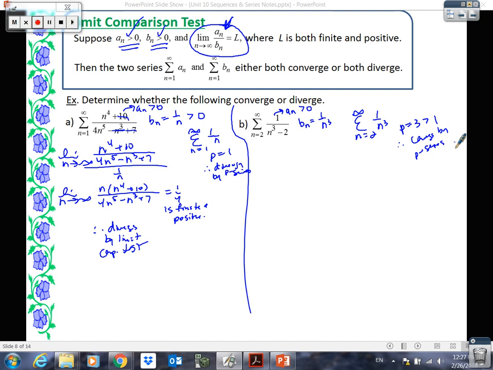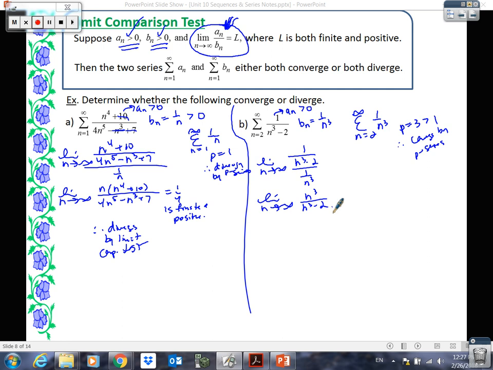Now let's do our limit. The limit as n goes to infinity. We're going to write out this right here. So 1 over n cubed minus 2 over 1 over n cubed. Okay, I'm going to flip and fix my complex fraction. Again, if you want to jump to the answer right here and just say equals the answer, you can. That's fine. I'm going to flip and fix it so it's n cubed over n cubed minus 2.